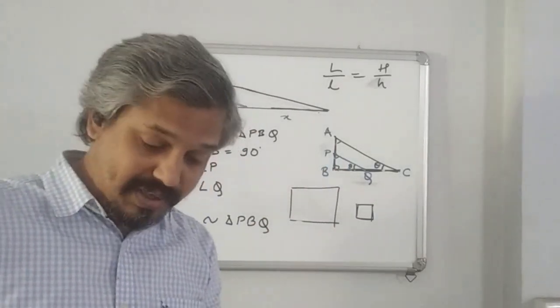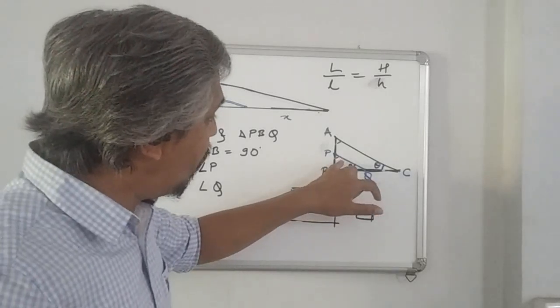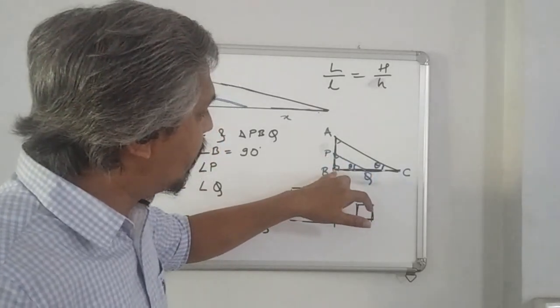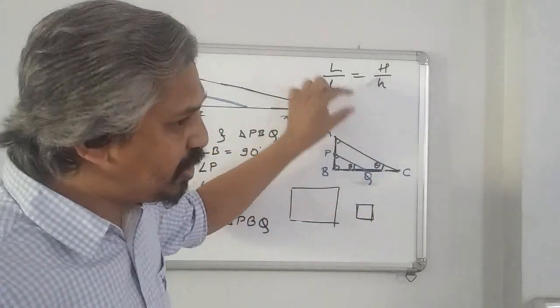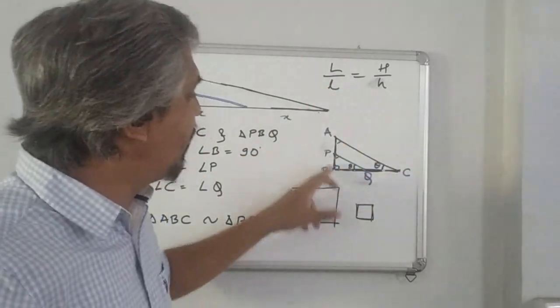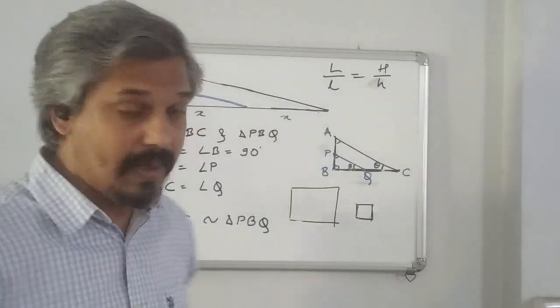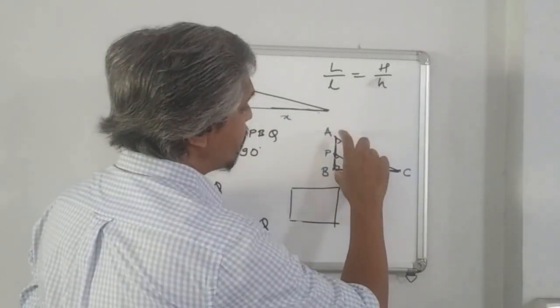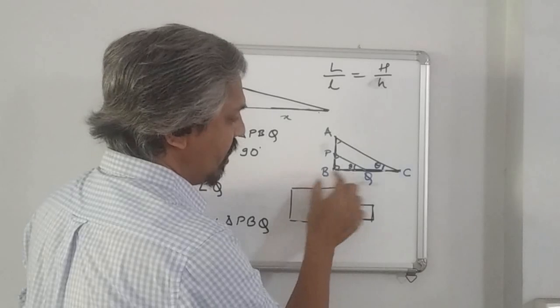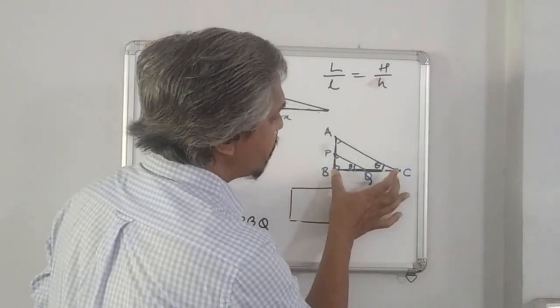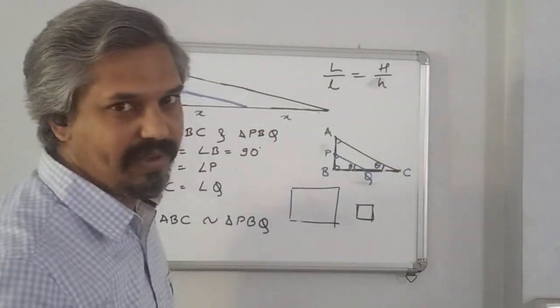So in that case, every side of this smaller triangle is a fraction multiplied by the corresponding side of the larger triangle. In this case, that fraction is half. Height of the son is half of height of the father. Length of the shadow of the son is half of length of the shadow of the father.